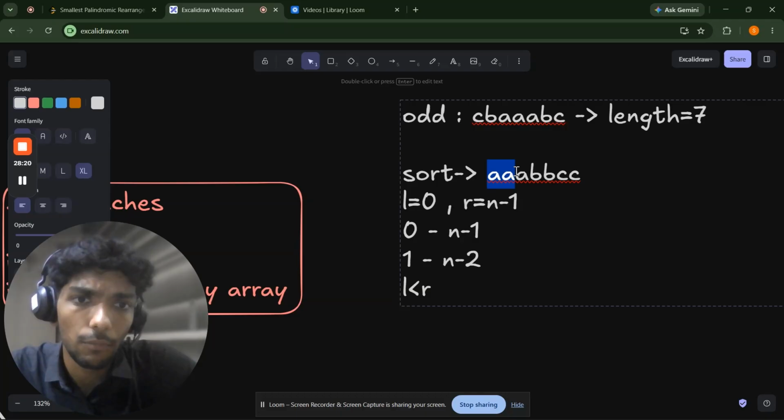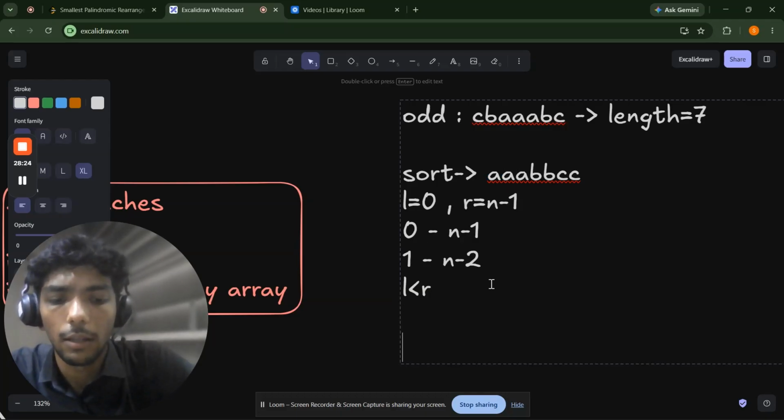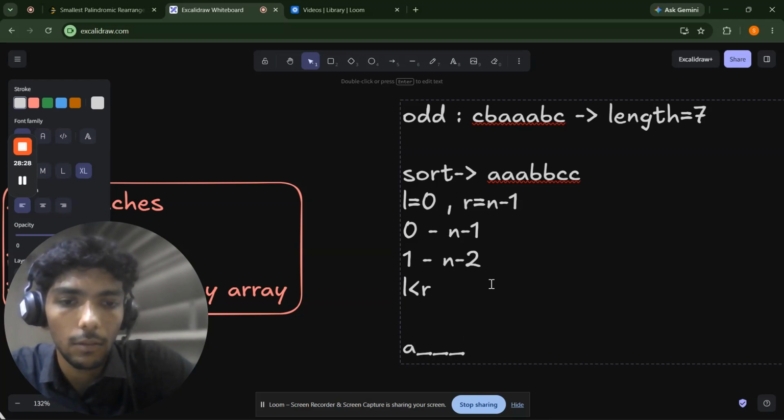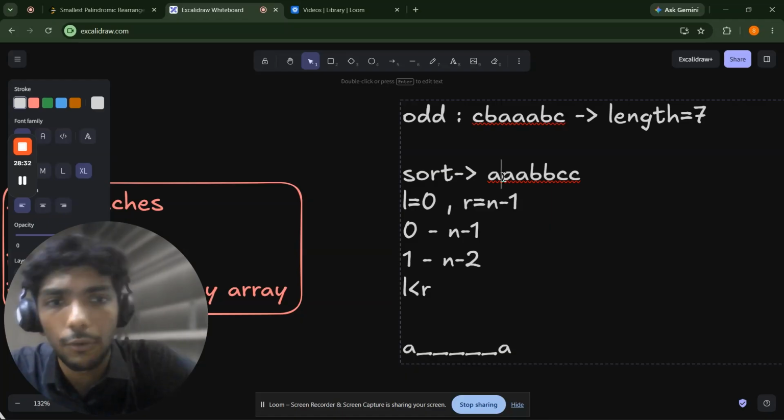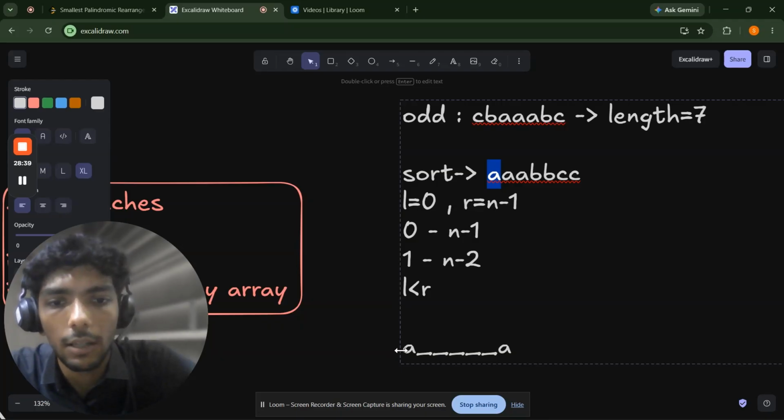So for now both are the same. So one A would be inserted over here and one A would be inserted over here. Now should we consider this A? Because this A is consumed over here, this A is consumed over here, and this A is consumed over here. So these two A's are over.